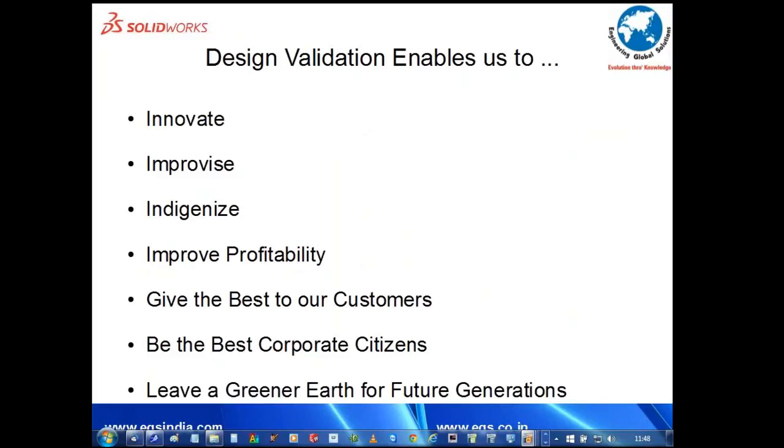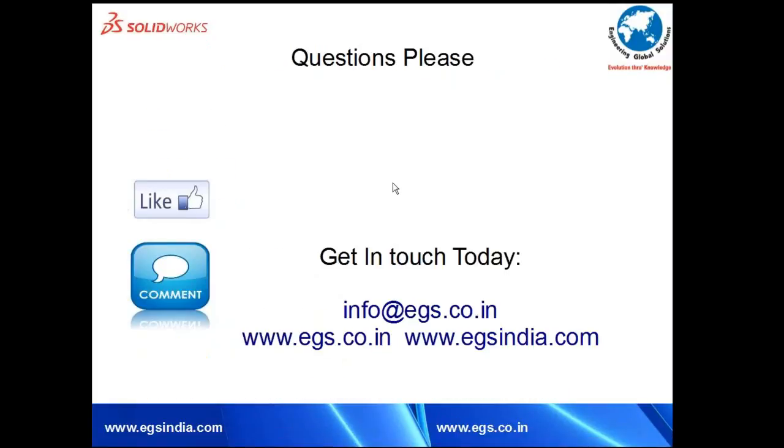Improved profitability is again a result of this approach. It gives the best to our customers and helps us to become best corporate citizens and leave a greener earth for the future generations. So this presentation helps you to understand that the fatigue life calculations through design for life enable us to ensure that we deliver reliable designs to our customers.